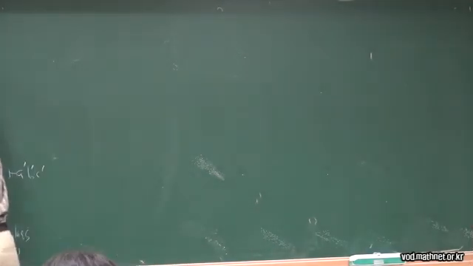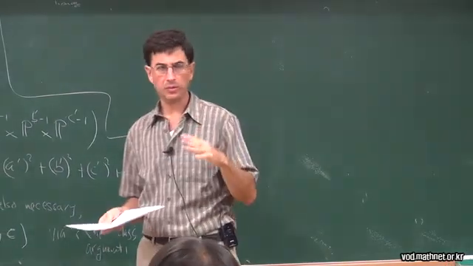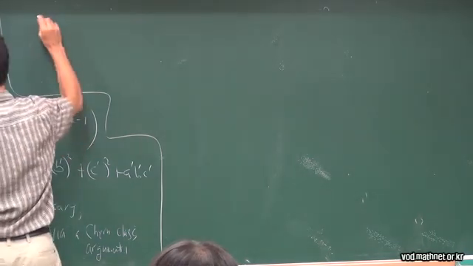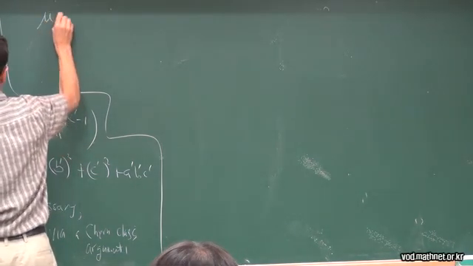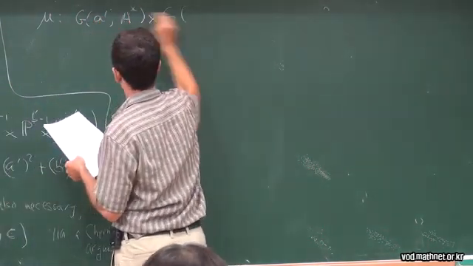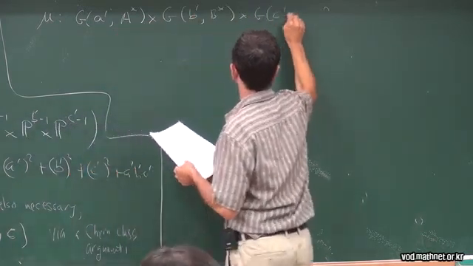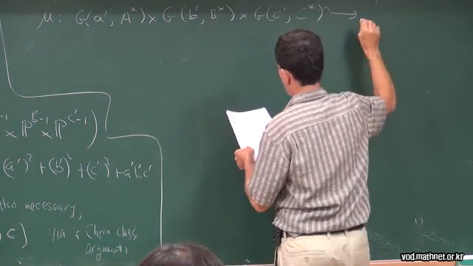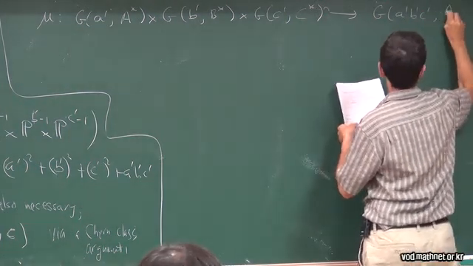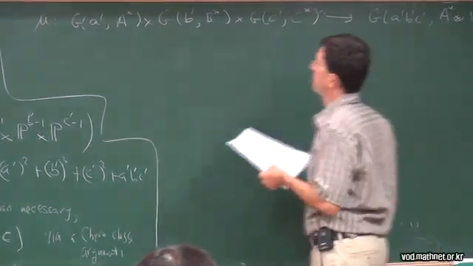So let's consider the map. If you don't know it, you'll know it now. Let's consider this kind of multiplication map from the Grassmannian of A' planes in A* across the Grassmannian of B' planes in B* across the Grassmannian of C' planes in C* to the Grassmannian of A'B'C' planes in A* ⊗ B* ⊗ C*.